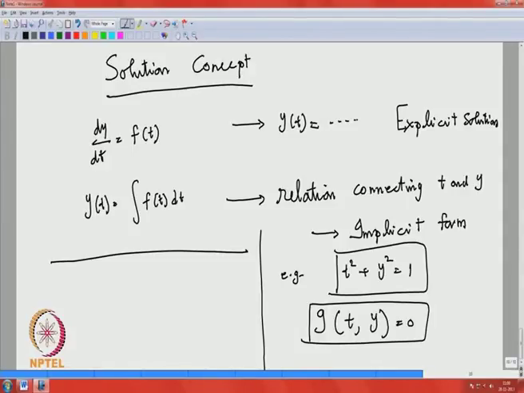You may have a solution which you may not be able to represent, and that is where the theoretical study of existence comes into the picture, and the numerical computation of these differential equations comes into play. Engineers and working scientists who do the problem want solutions, and if you are unable to provide solutions in the explicit or implicit form, what do you do?